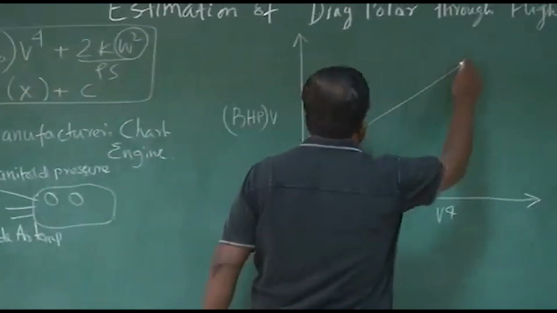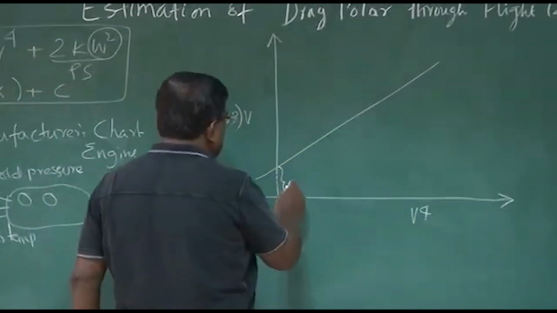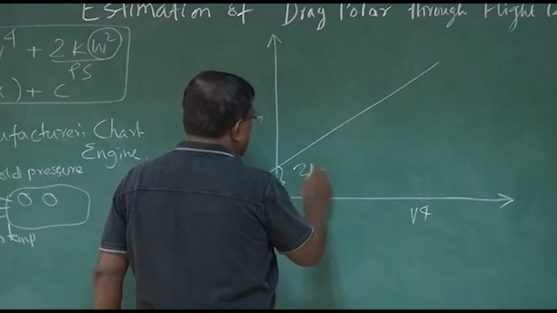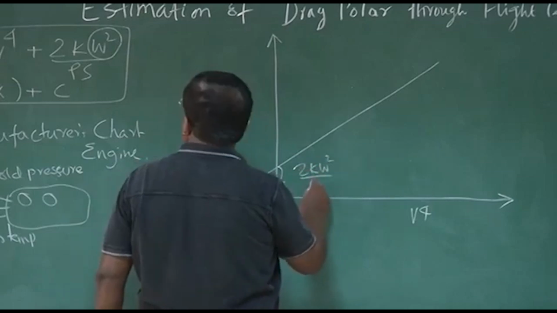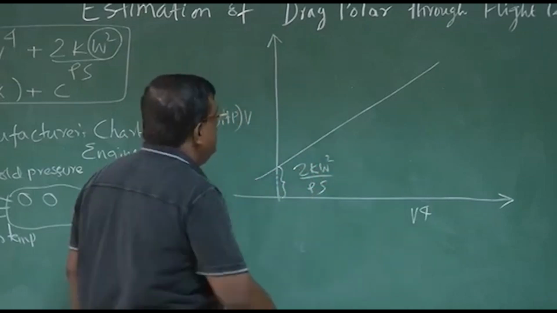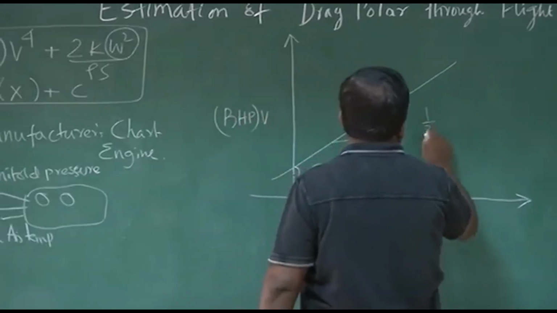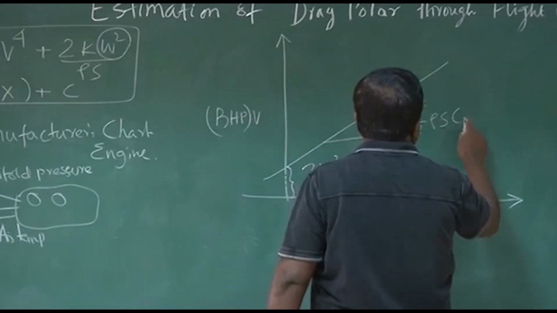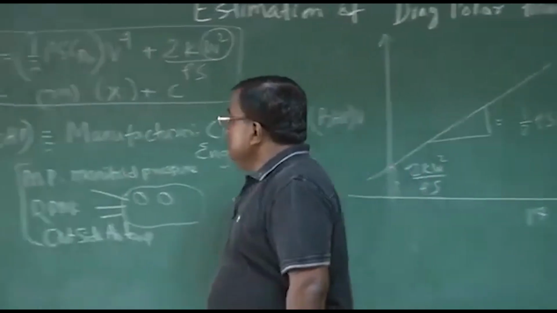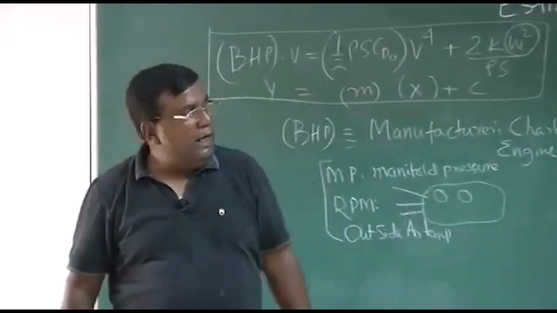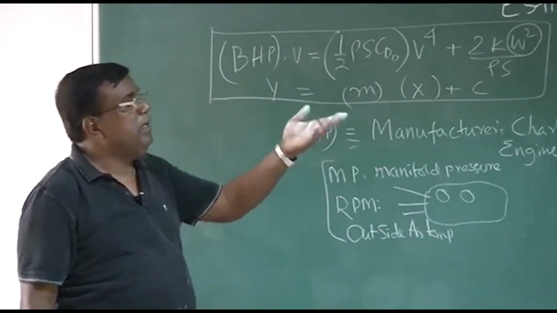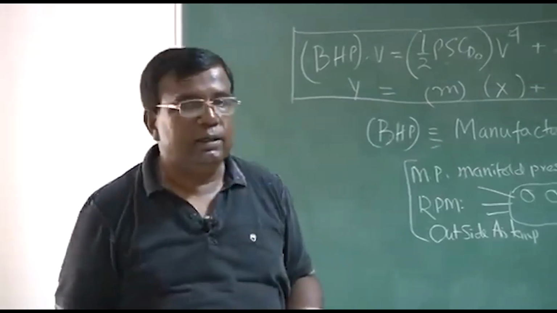I should get a straight line, and the intercept should be 2K W square by rho S, and the slope will be equal to half rho S CD naught. Right? And once I measure this intercept and slope, I can find out CD naught and K.